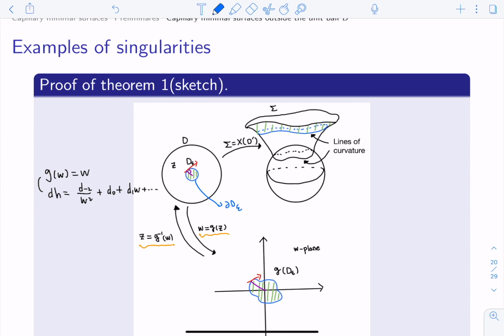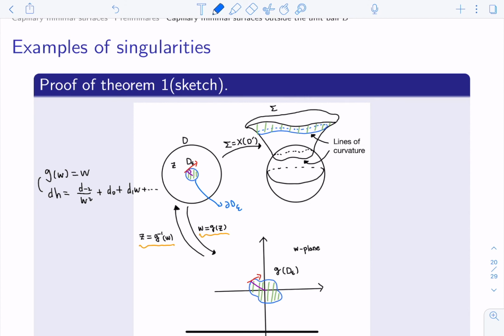Indeed, the domain G d epsilon here, so this is the domain G d epsilon, must have lines of curvature emanating from the puncture, which also has the property that the tangent vector points in the radial direction at some point on the line of curvature.